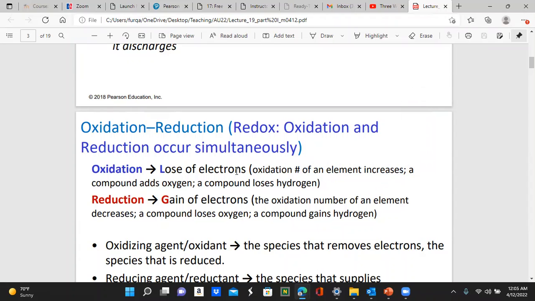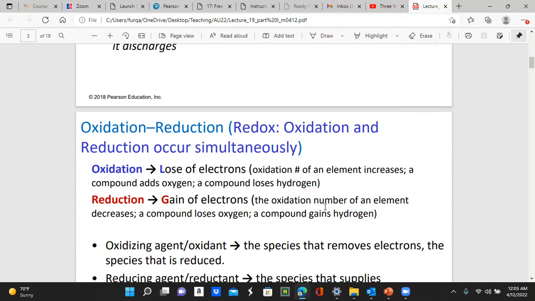Loss of electrons means the oxidation number of an element is increased. It's the same thing. Or you can say a compound adds oxygen, or a compound loses hydrogen. All these things give you the information that oxidation is happening here.